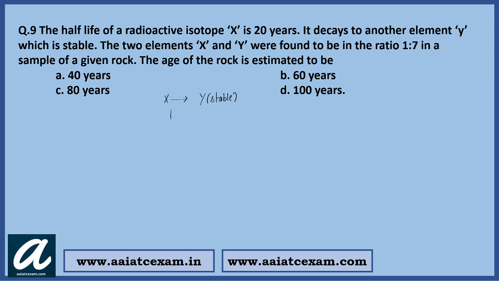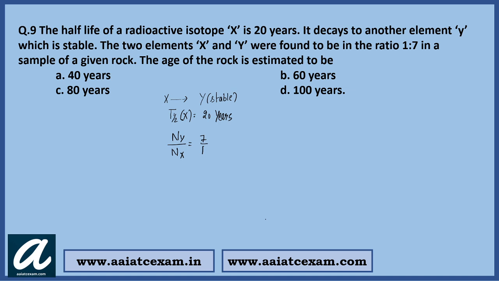It is given that the T half of X is equal to 20 years. The two elements X and Y were found to be in the ratio 1:7 students. That is, number of particles of Y by number of particles of X is given as 7:1.